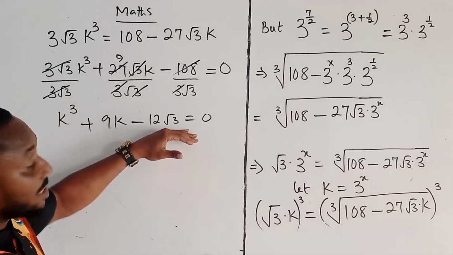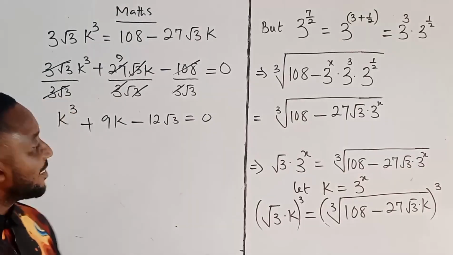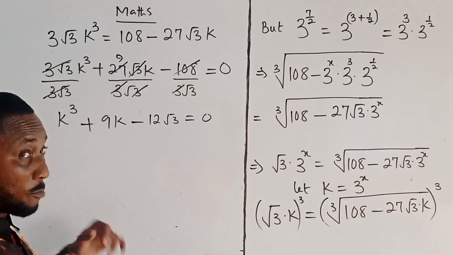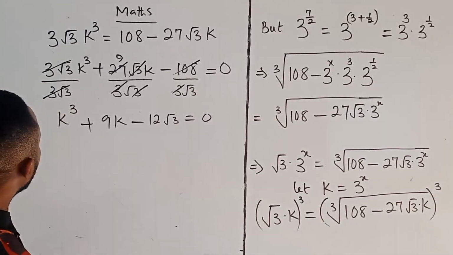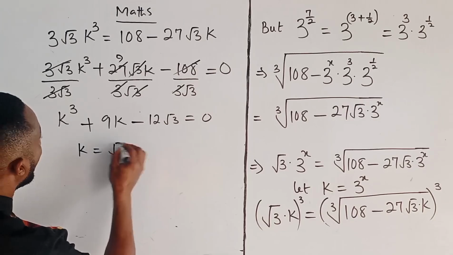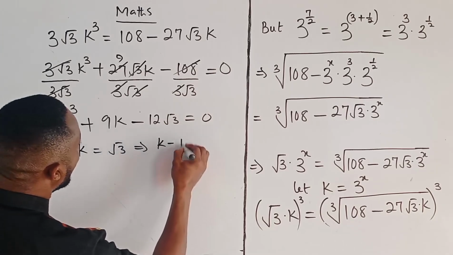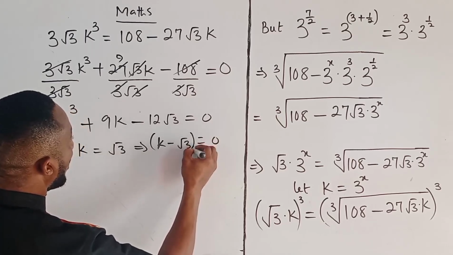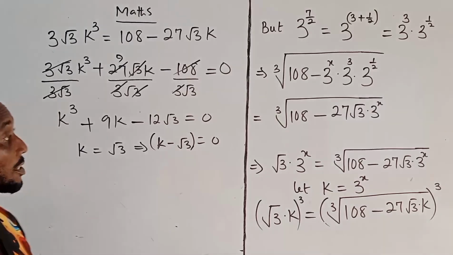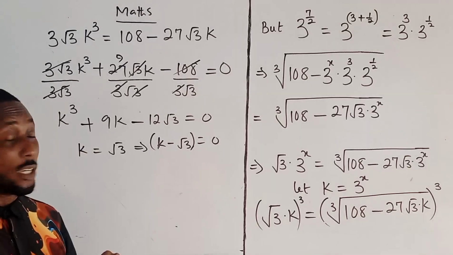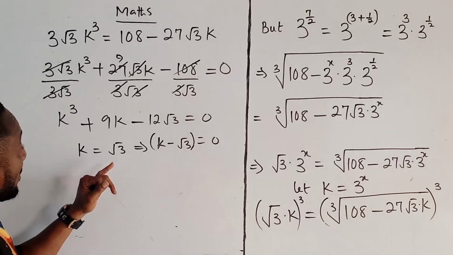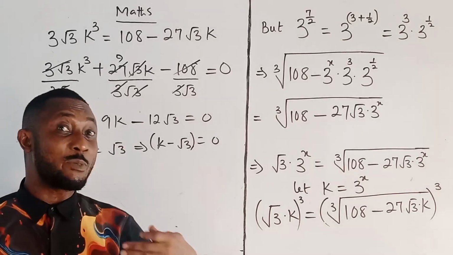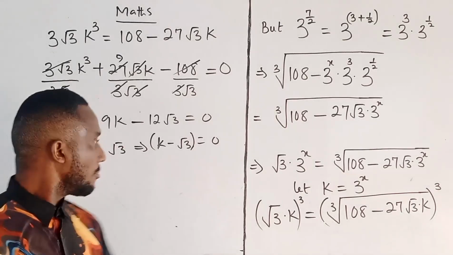Now, because of the radical sign here, we cannot use the rational root theorem. But we are going to make an educated guess. So if we say k equal to rad 3, which implies that k minus rad 3 equal to 0, we can actually test whether k minus rad 3 is a factor of this depressed cubic equation by sticking k equal to rad 3 here, and checking whether the remainder is 0 from the factor theorem.